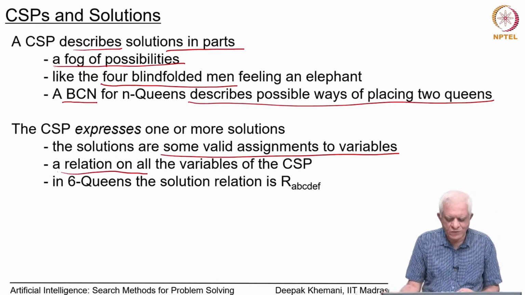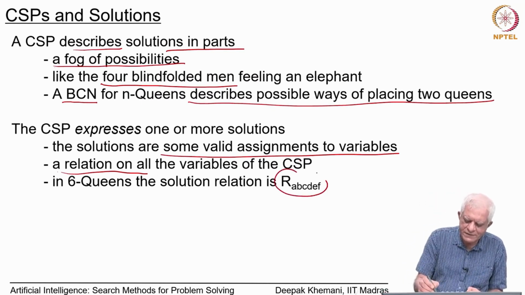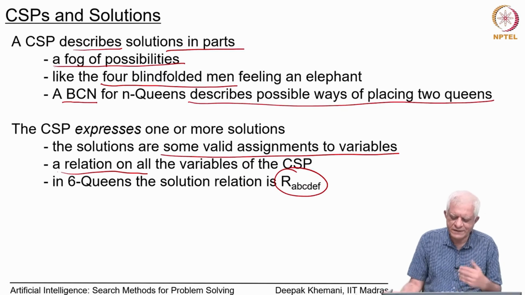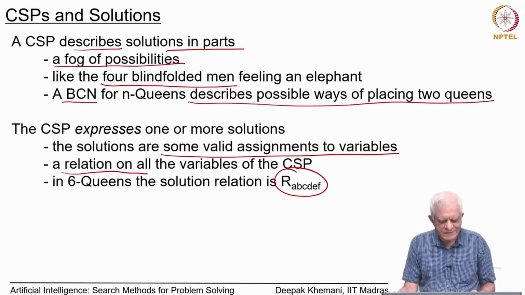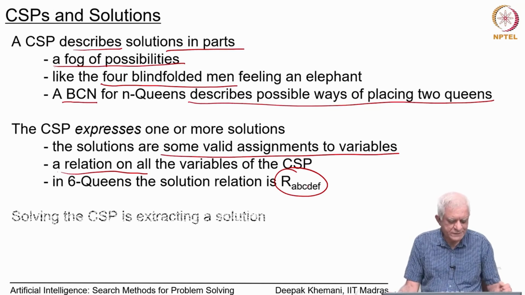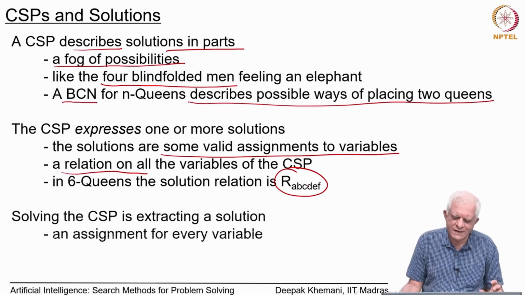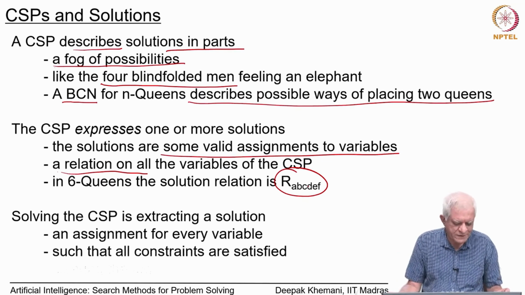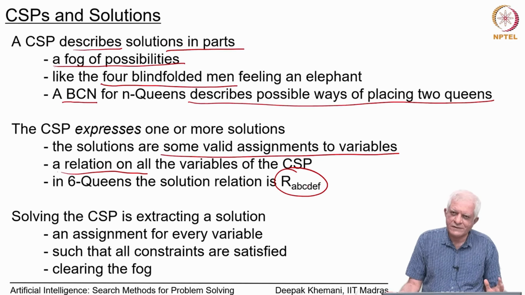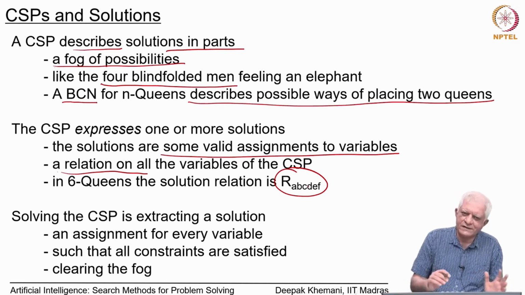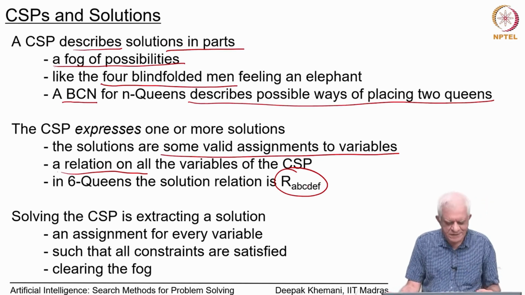We have called it rho, and in the 6 queens problem that we just described, it is the relation on the 6 variables A, B, C, D, E, F. We have not specified how we will specify the variables, but one way is to have 6 variables which we call A, B, C, D, E, F. And what is the task? Solving a CSP means extracting a solution from all that set of possibilities, which means an assignment to every variable such that all the constraints are satisfied. You can think of it as clearing the fog and getting to see the solution.